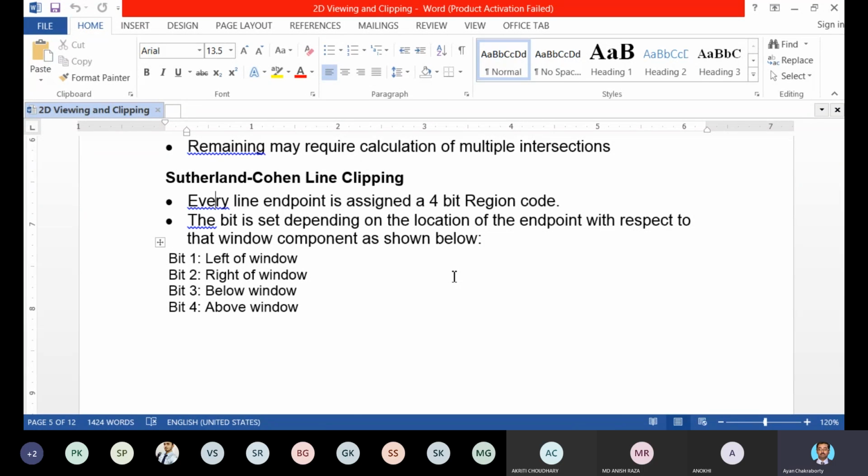We will study it. In the Cohen-Sutherland algorithm, first of all, a 4-bit region code is created. As you can see, every line endpoint is assigned a 4-bit region code. So first we have to create some regions.